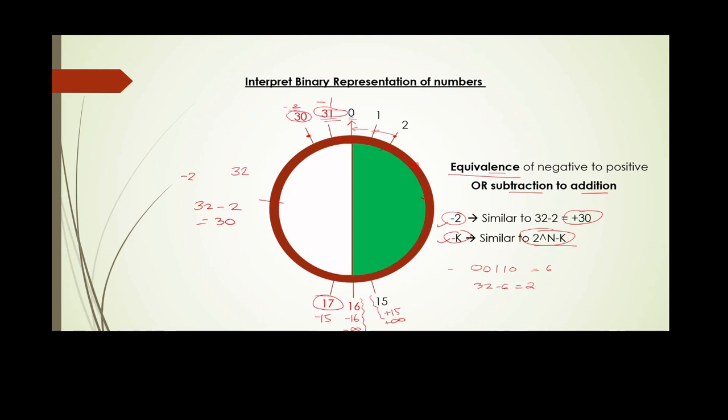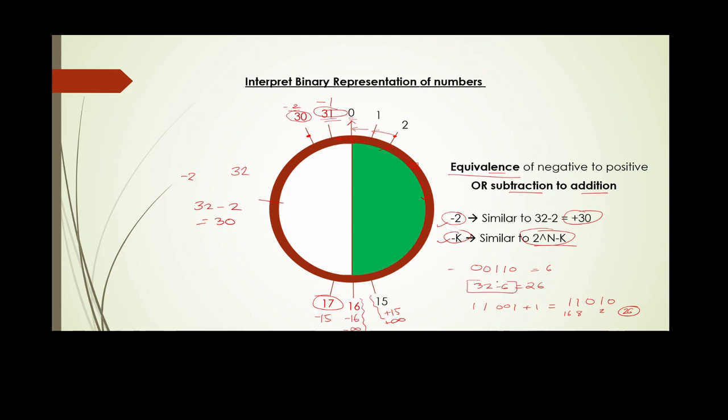Which is 26. Or the other way you can do is that you can invert every bit here. So 1, 1, 0, 0, 1, and then plus 1. So it becomes 1, 1, 0, 1, 0, right? So 1, 2, 4, 8, 16, right? So 16 to 18, 18 plus 8, 26. So that's the same thing.